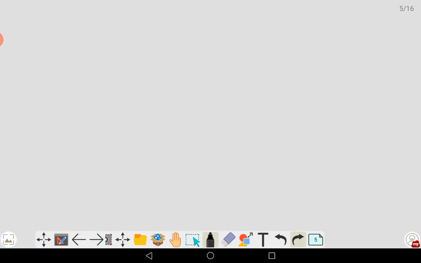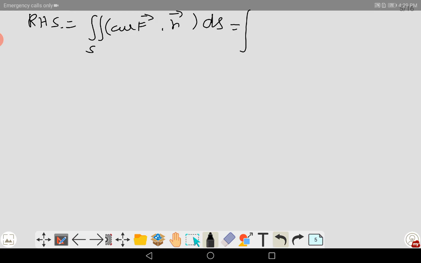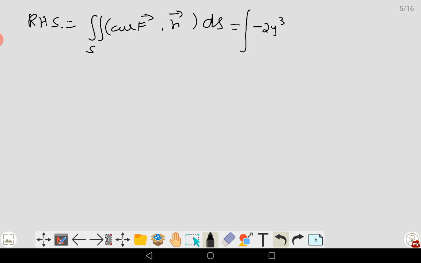Now the right hand side, we are using it in the Stokes theorem, so right hand side is curl f dot n vector ds. What is curl f? Minus 2y cube.